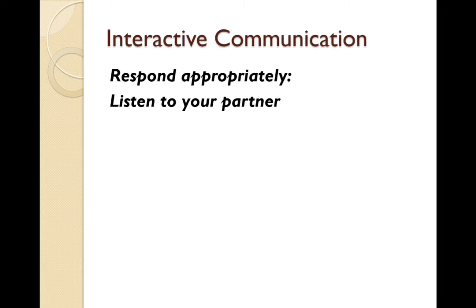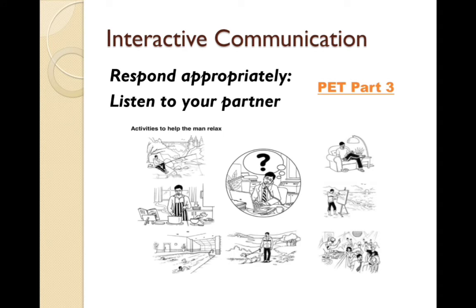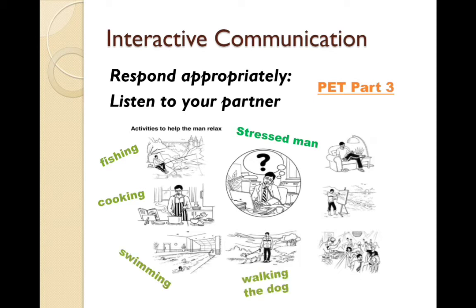So to look at this, we're going to look at an example of the PET Part 3. Okay, so this is an example task. Activities to help the man relax. So we've got a stressed man and various activities. Fishing, cooking, swimming, walking the dog, dancing, painting, and reading.